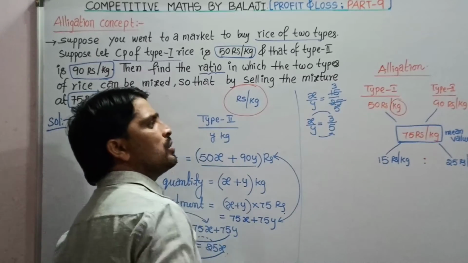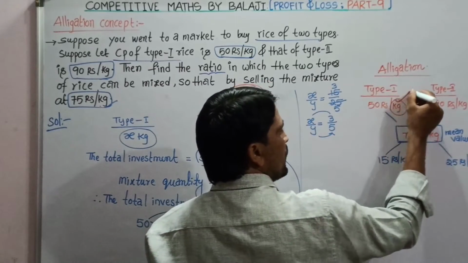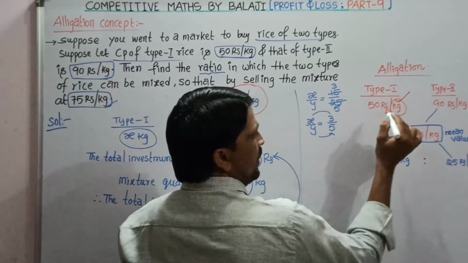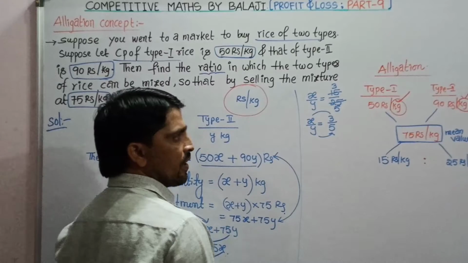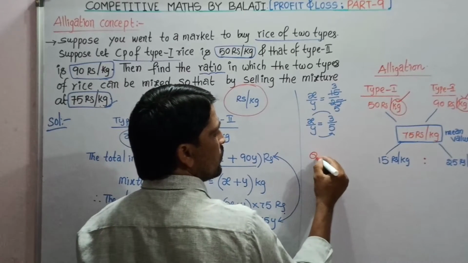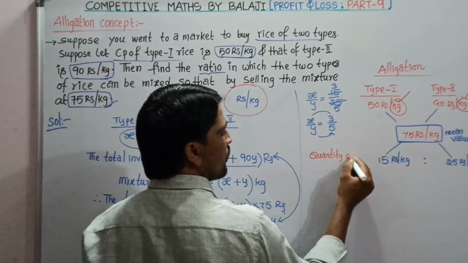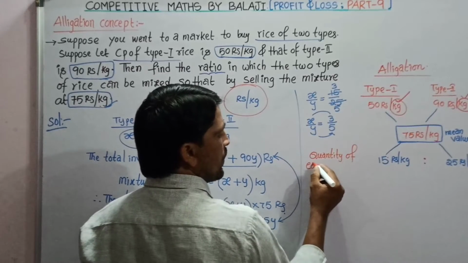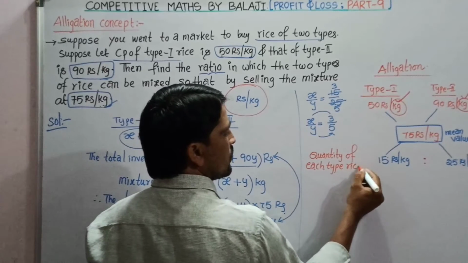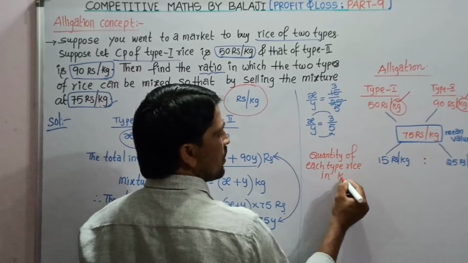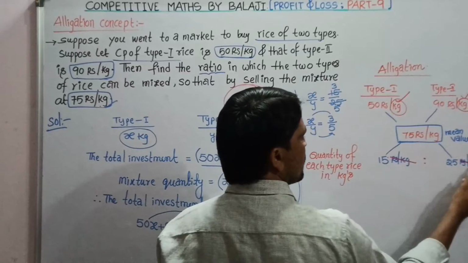When we use allegation on units, the denominator gives the ratio of quantities. The denominator is in terms of kgs, which denotes the quantity of each type of rice in kgs. Units get cancelled.